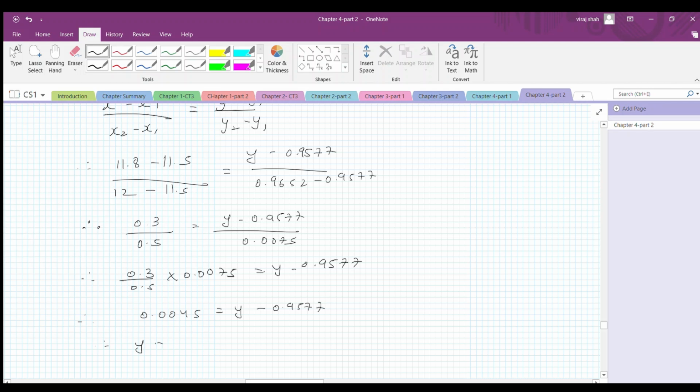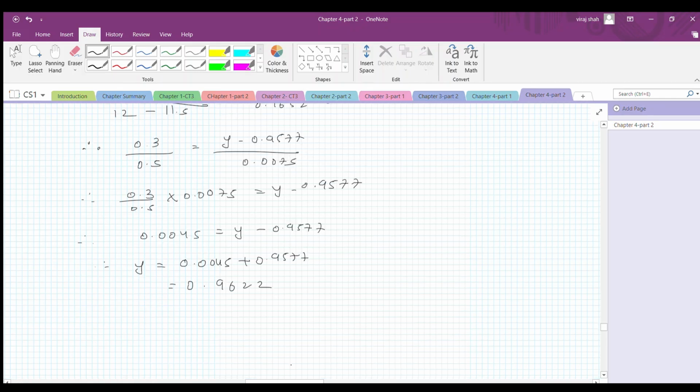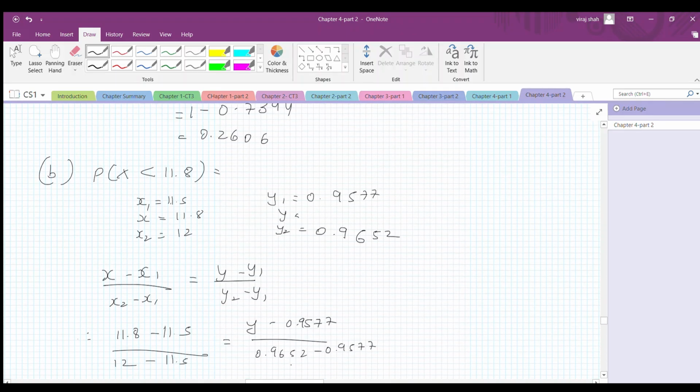Therefore, y would be nothing but 0.0045 plus 0.9577. What did I do? I took this here. So I'm left with 0.9622. Okay, that's my answer.